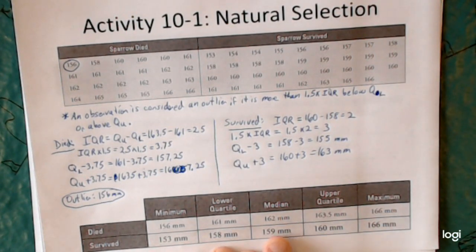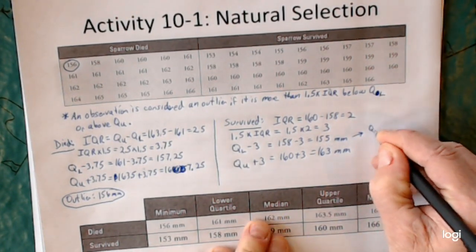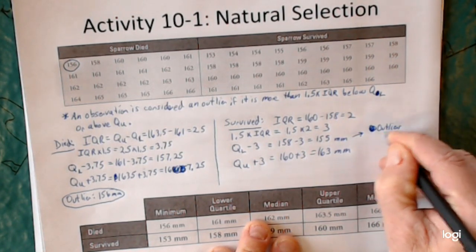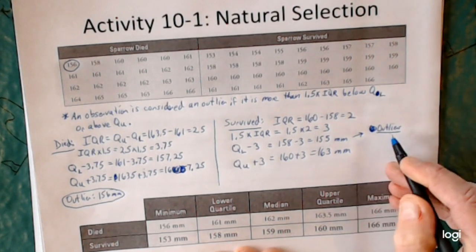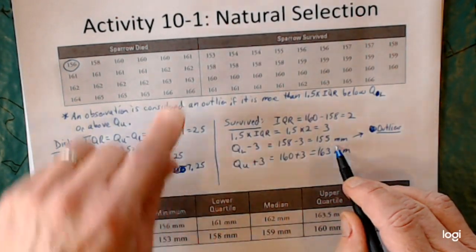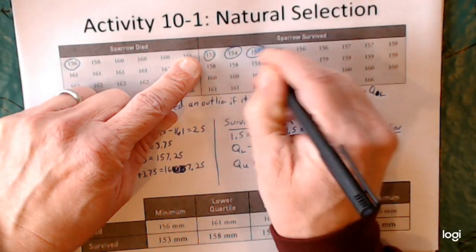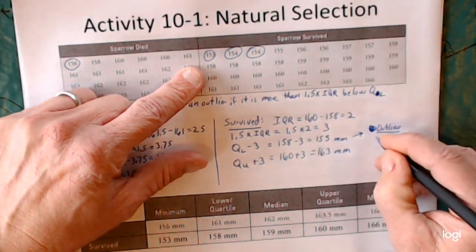Okay, so for outliers on the low side, anything below 155 is an outlier. So look at, 3 outliers.